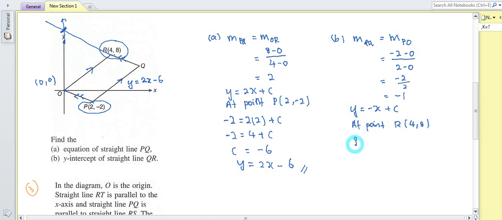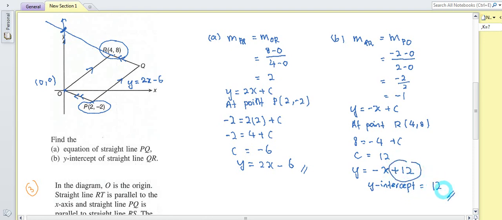So y is equal to 8, negative x, okay, negative 4 plus c. C is equal to 8 plus 4, you will get 12. So the equation will be y equal to negative x plus 12. Okay, so what is the y-intercept? From the equation, you will know. This is the y-intercept, right? So the y-intercept is 12.